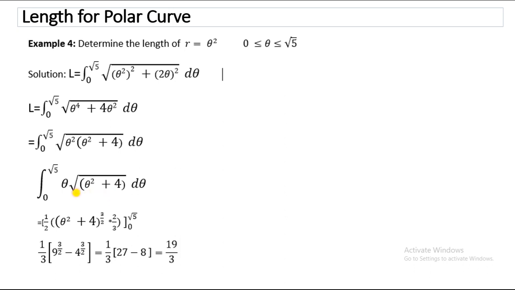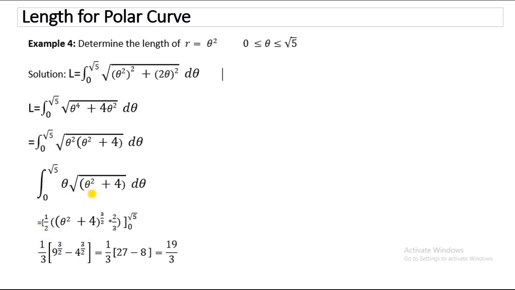Again, to integrate this, I need the derivative. The derivative of this is 2 theta. Theta exists, but 2 does not exist. Therefore, I multiply by half, or divide by 2.